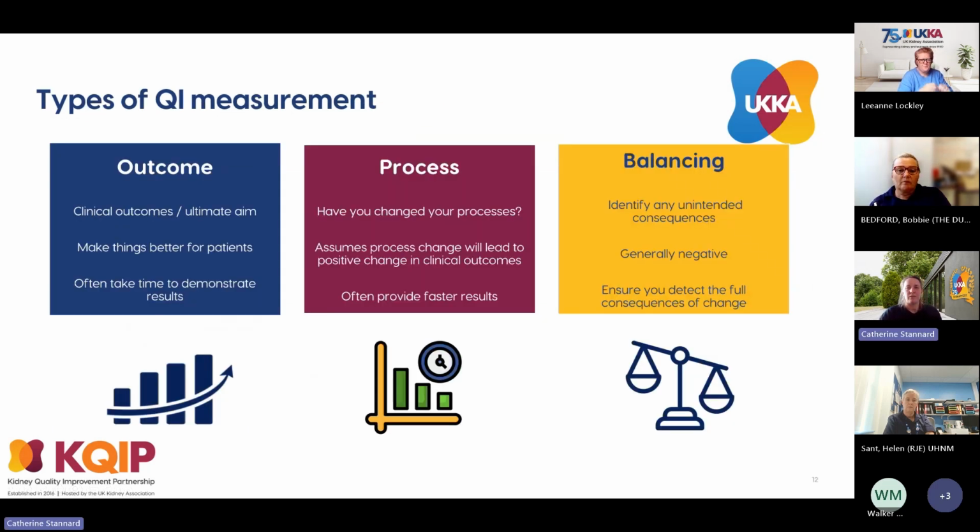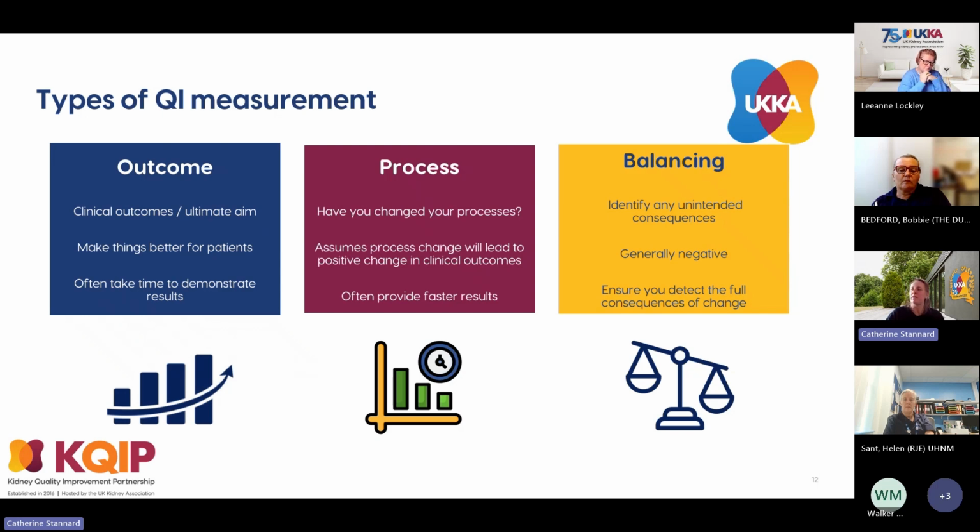There are 3 types of measurement in quality improvement. So there's an outcome measure, which is a clinical outcome. They're usually the outcomes that make things better for patients. They often take a bit of time to demonstrate results. Then there are process measures. So that's about measuring what you've changed in your processes in order to reach your outcomes.